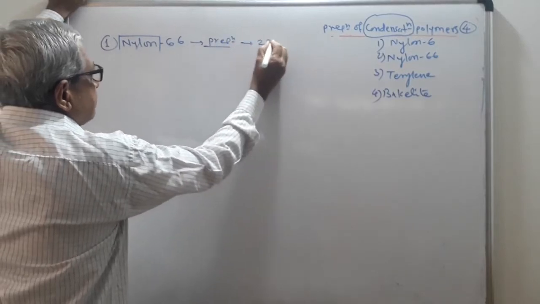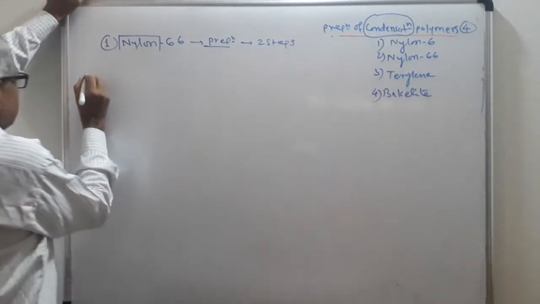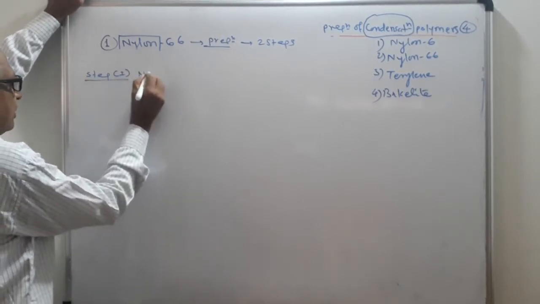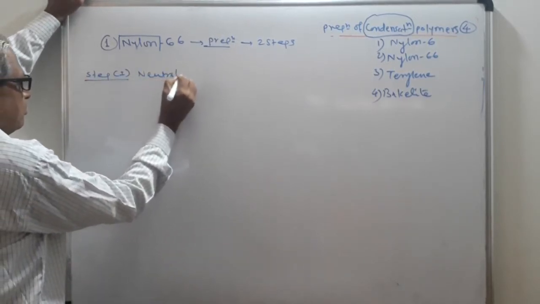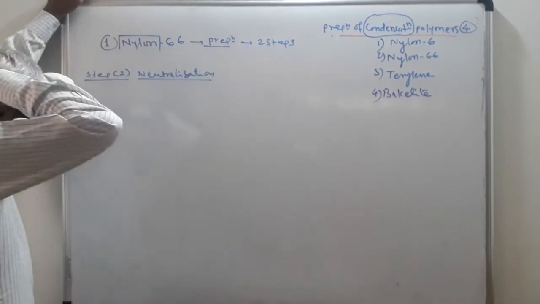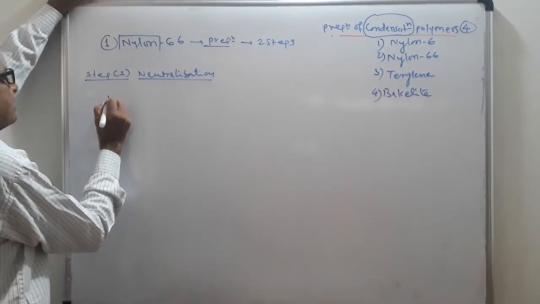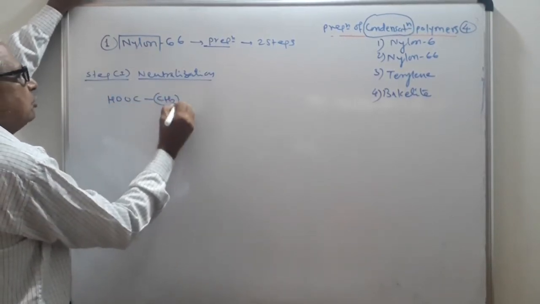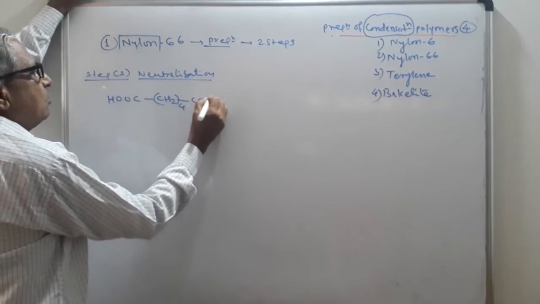Now see the step first. Step first is a neutralization, because amine is a base, adipic is acid. So you will do the reaction with adipic acid, HOOC, CH2 4 times, COOH.